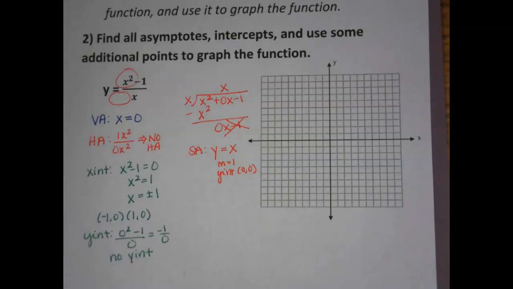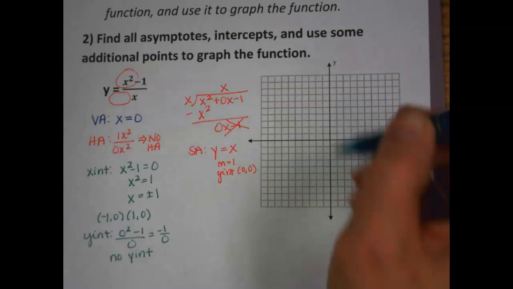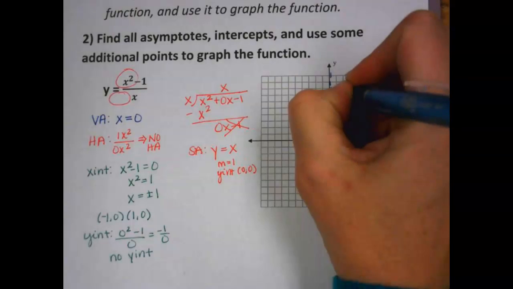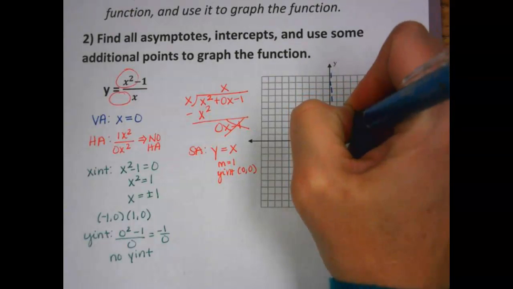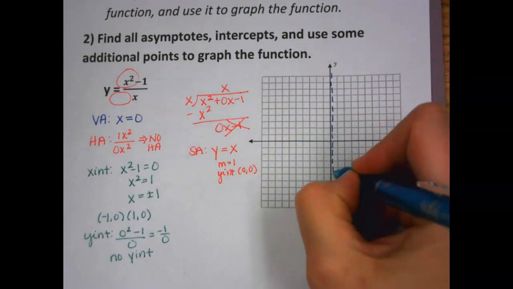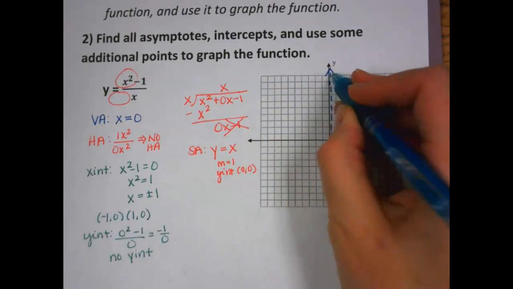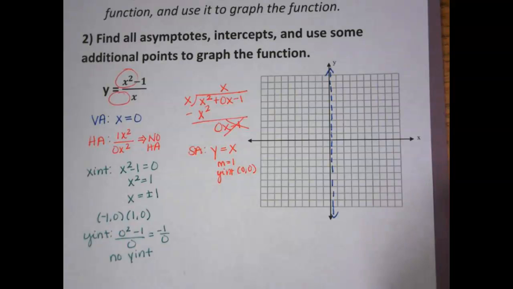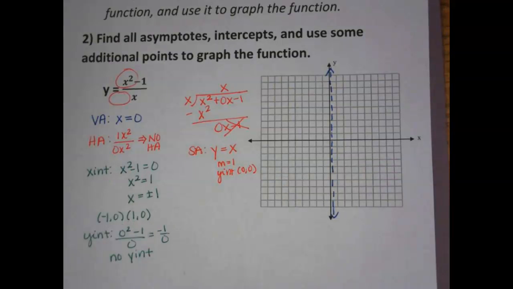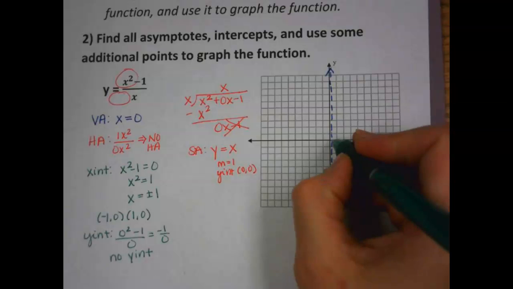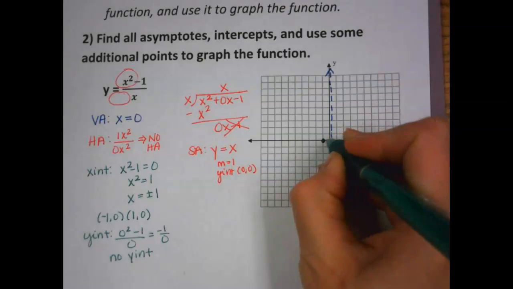Let's put on our graph what we have here. X equals 0 is a vertical asymptote that is really on top of the y-axis. I'm going to put it next to the y-axis just so we can see it. Then we have x-intercepts at -1 and +1.